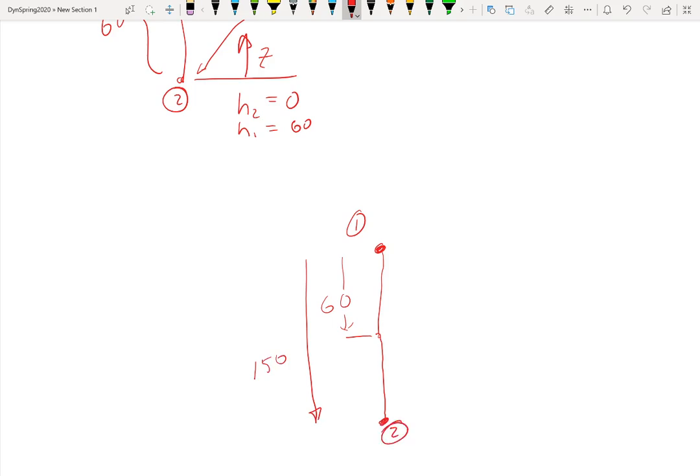Right at the end where he's just gone to his maximum, his velocity 2 is equal to 0. Hey, wait a minute. Velocity 1 is equal to 0 as well. But what happens? Well, from this point to that, you're getting a stretch.